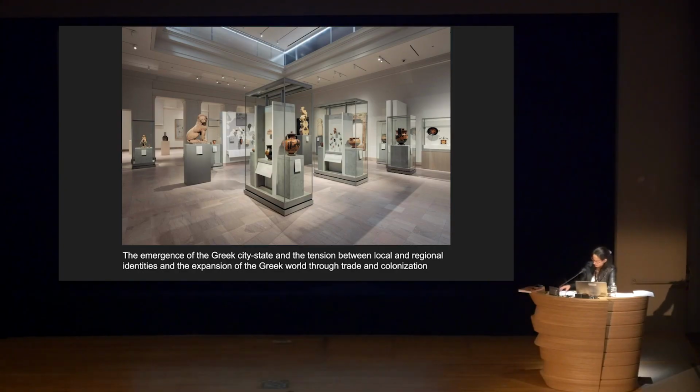Okay, so I'm gonna pick up the pace a little bit so that we have time for questions. The larger space of the gallery explores the tension in early Greek art between closely held local and regional identities and the expansion of Greek horizons through trade and colonization, all against the backdrop of the emergence of the Greek city-state as a distinct, in some cases self-governed, political entity.